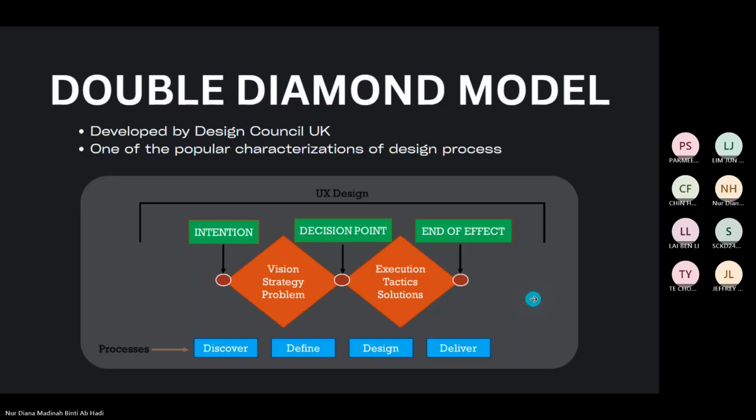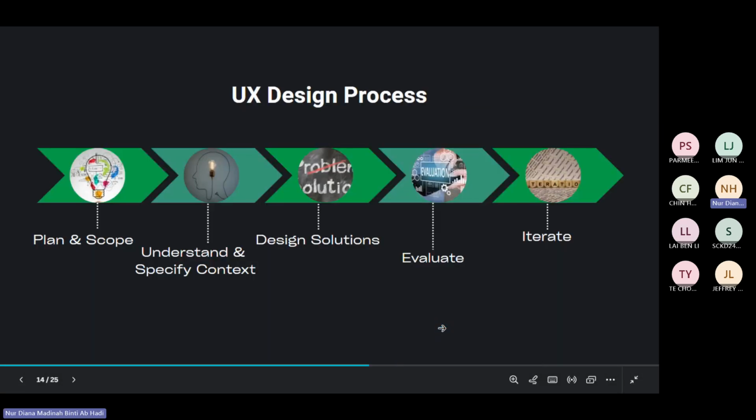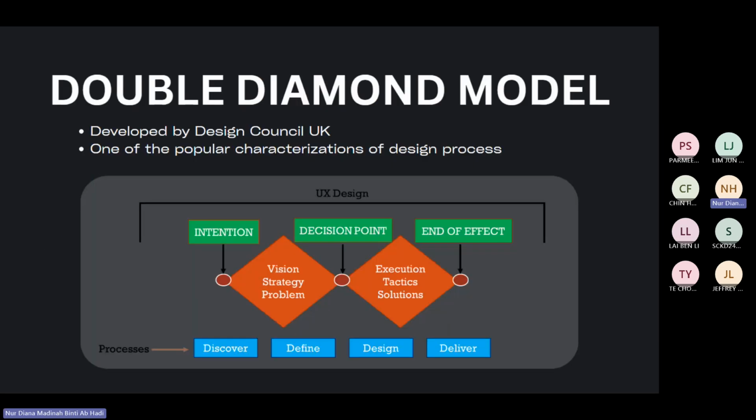Okay, so based on this UX design process, we have a model that is named the double diamond. Why is it named the double diamond? Can you see the middle one, the orange diamond here? These two things are actually the double diamond that you need to really understand.